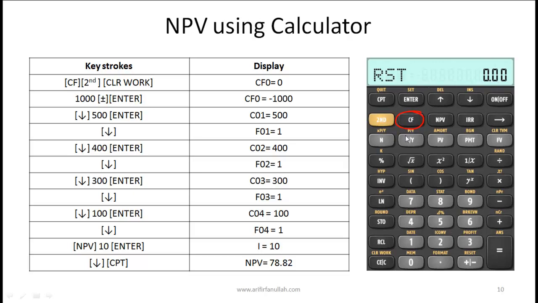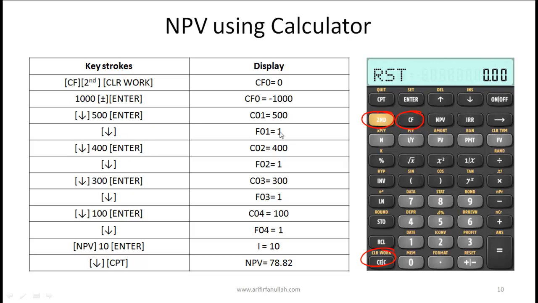So to clear your cash flow registers, do the second and then clear work, and then start entering. The first entry was negative 1000, so you do 1000, plus minus to make it negative, hit enter. That will make cash flow 0 equal to minus 1000. Down arrow, and then enter 500. That makes cash flow 1 equal to 500. Down arrow again.